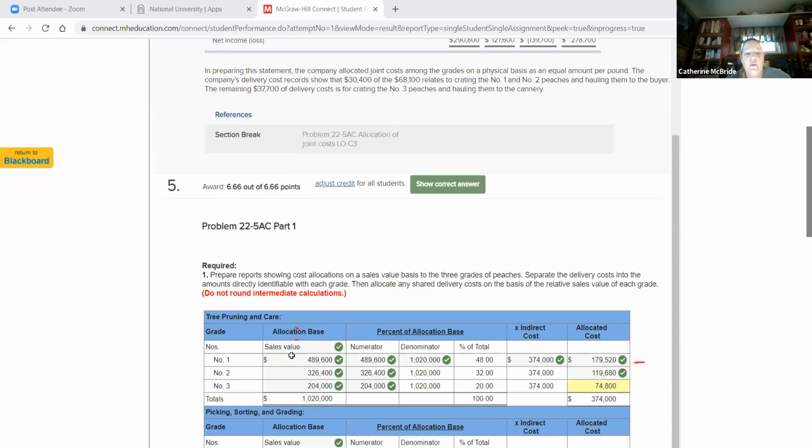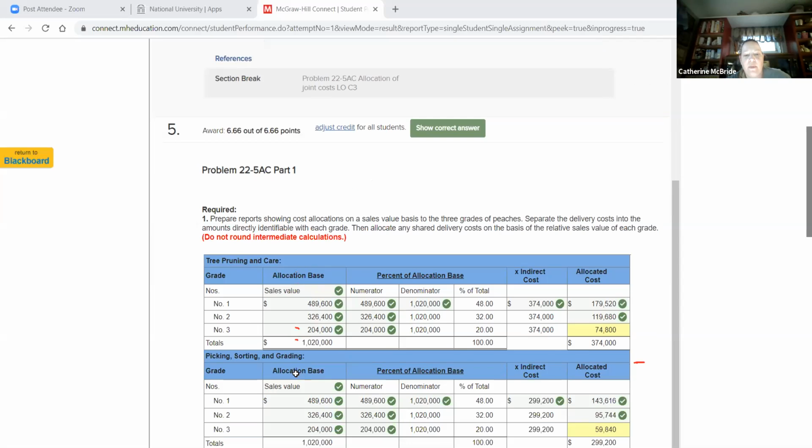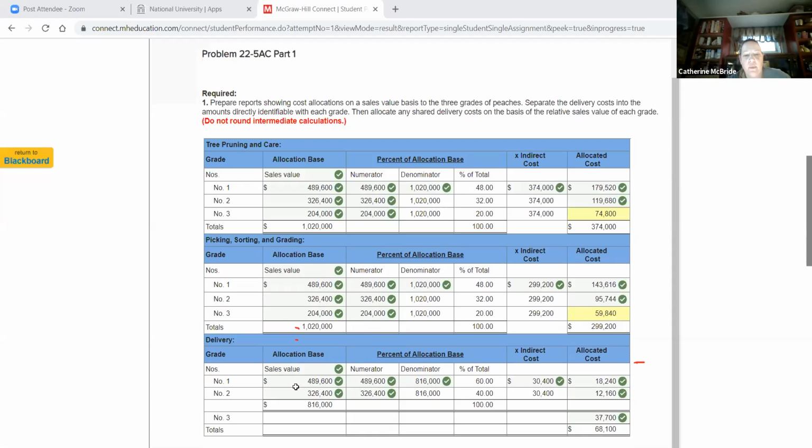So if the sales volume is 489,600 and number 2 is 326,400, and we want to allocate based on that, we're going to add those 2 together.